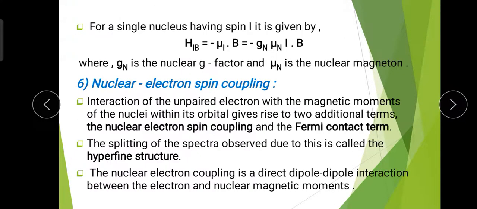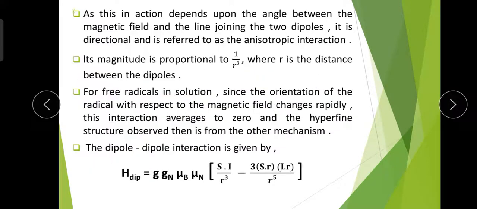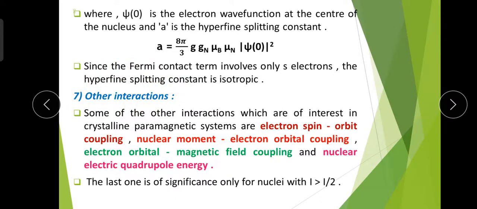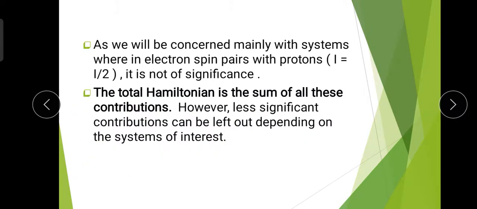The sixth is the nuclear electron spin coupling, and the seventh is the other interactions, which involve those four interactions. Due to all these interactions we get energies, and if we add all these energies we get the total Hamiltonian for the ESR spectra.